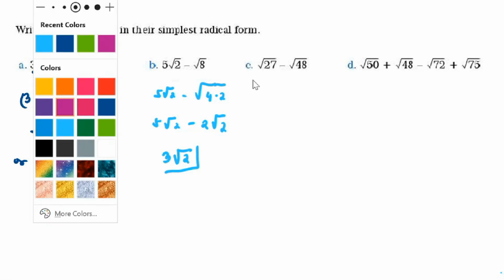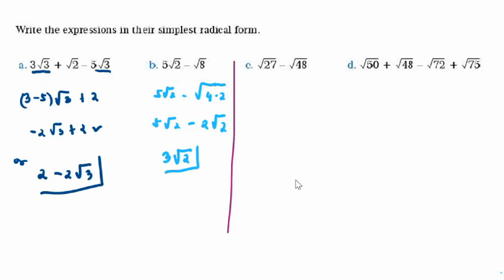for letter C, we have square root of 27 minus square root of 48. So in this case, we have to simplify the square root of 27. So square root of 27 is, whose factor is 9 times 3 is 27, minus the square root of 48 can be written as 16 times 3. 16 times 3 is 48. So after that, what is the square root of 9?